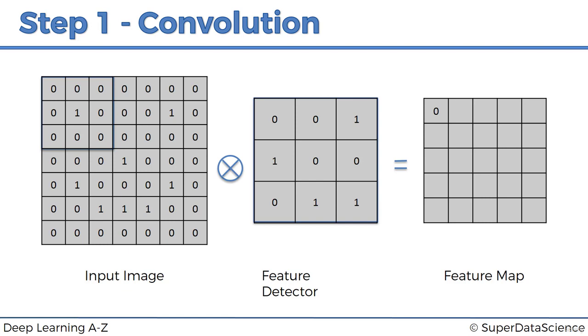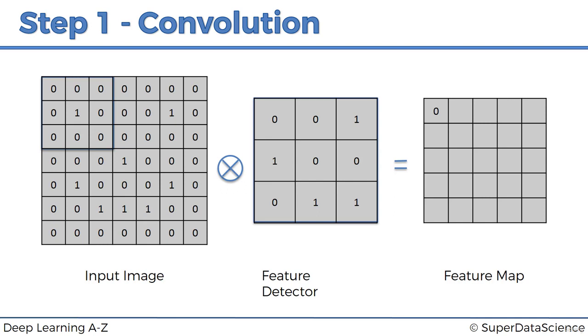Here, on an intuitive level, in terms of what is actually happening in the background rather than the mathematics, you take this feature detector or filter, and you put it on your image like you see on the left.